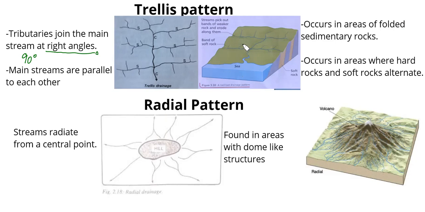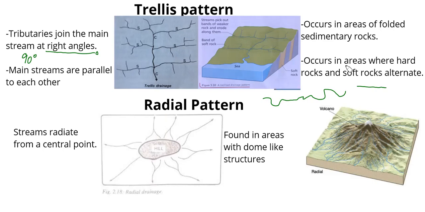With time, with erosion, the stream gets bigger. That's why the tributaries develop and join at 90, because in sedimentary rocks you have a creek that is actually straight. That's why the streams join the mainstream at 90.